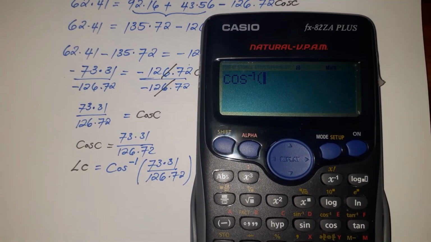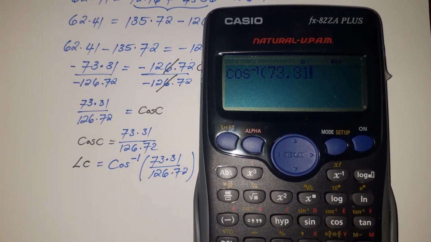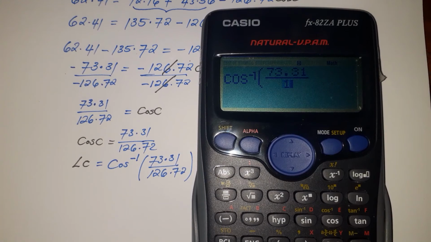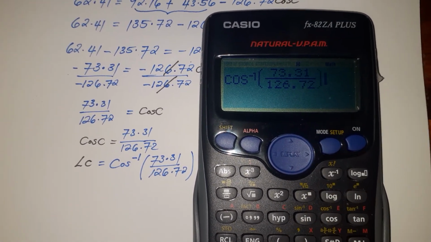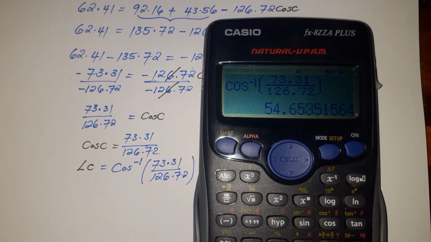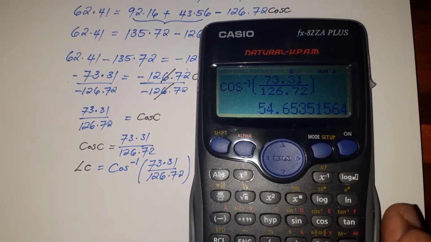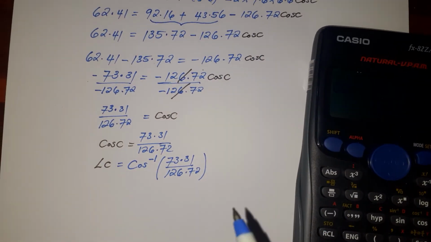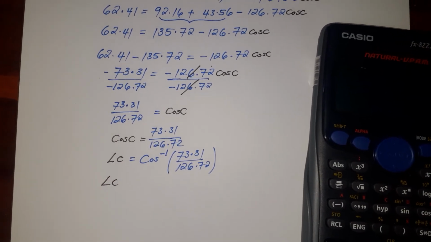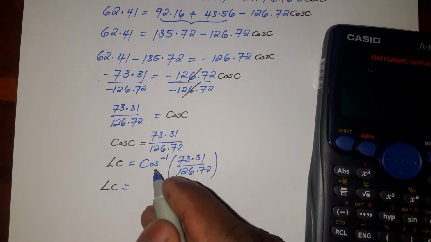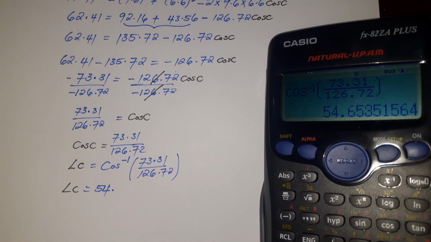Then we can press now the fraction inside, 73.31 over 126.72, close bracket, equal, we are getting this number starting with 54.65. Let me write like this: angle C is now equal to 54.6535.